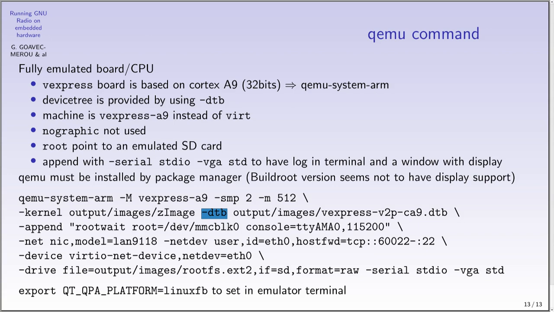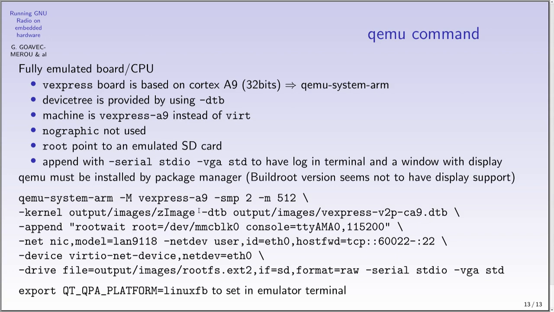Since we want to use the display, we suppress the no graphic option, and we append serial with stdio to have the prompt in the terminal, and we enable the VGA by using std. This time we need to use the package manager because the Buildroot version seems not to have display support.